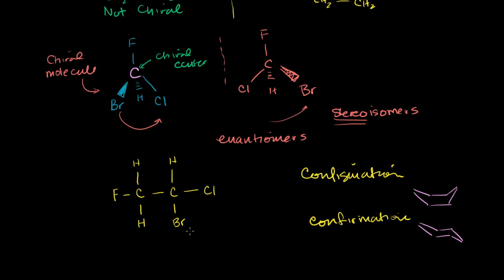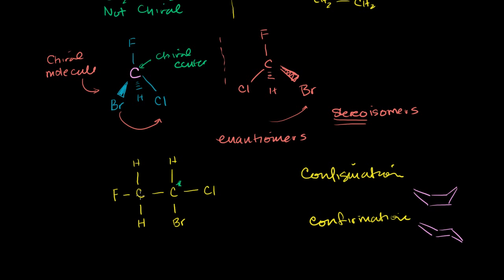Now let's look at this molecule over here. Can we identify any stereo centers or chiral carbons or chiral atoms? You have this carbon right here. It's bonded to a chlorine, a hydrogen, a bromine, and then another carbon. So this is bonded to 4 different things. So this is a chiral carbon. And sometimes they put little asterisks there.